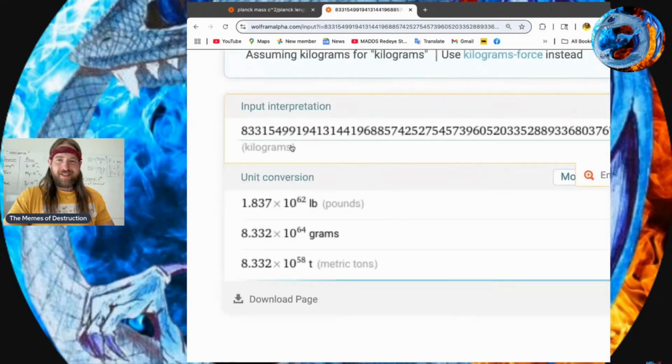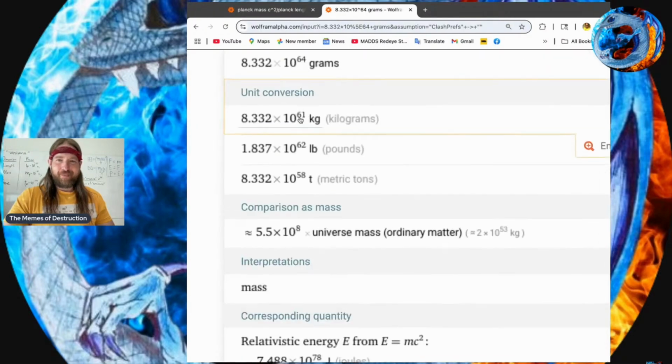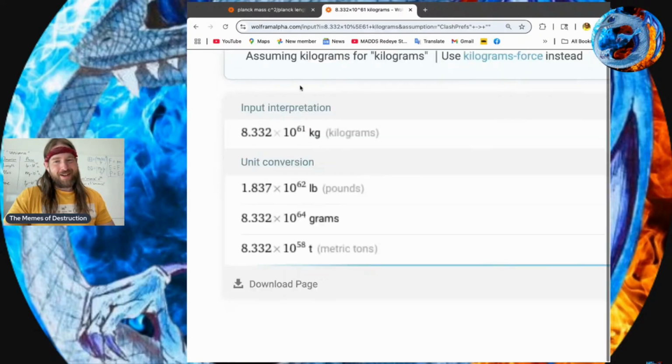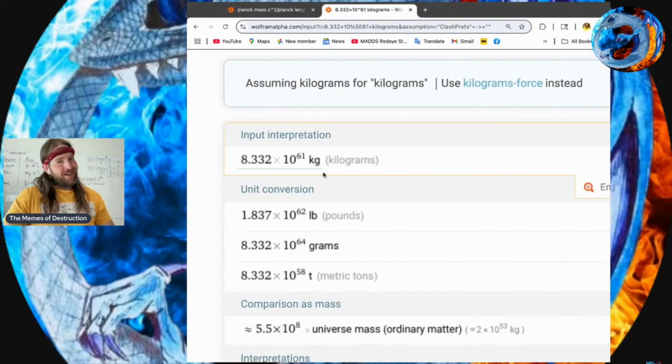Okay, so it's that many kilograms. Hold on, let me swap over to grams. Okay, 10 to the 64 grams, and that's 1,000 grams per kilogram, so it's approximately 8 times 10 to the 61 kilograms. That was coincidentally what we had gotten before.